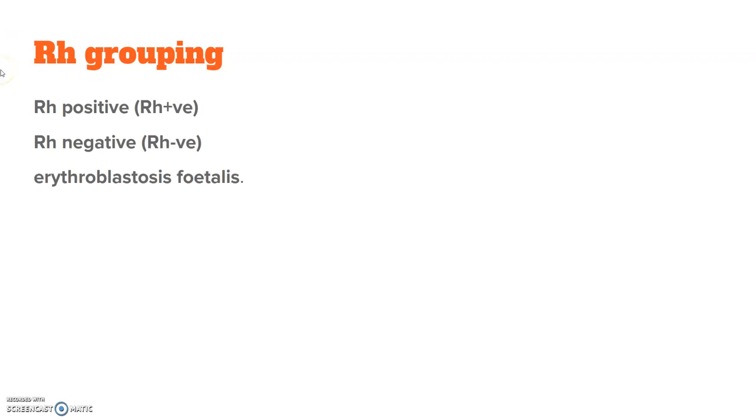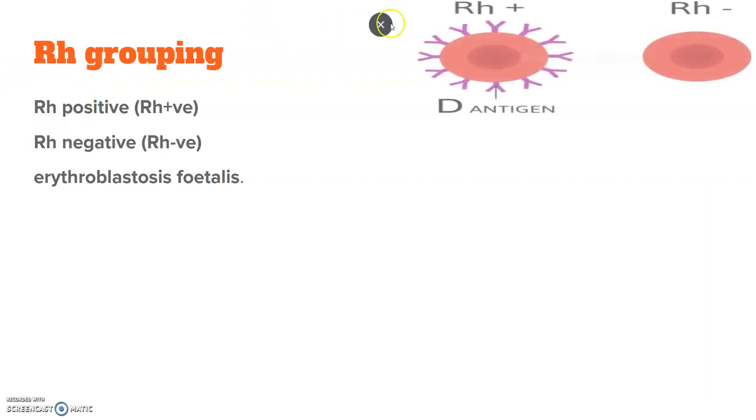And those in which this antigen is absent are called Rh negative. You can see here that in Rh positive this antigen is present, and in Rh negative it is absent. So an Rh negative person, if exposed to Rh positive blood, will form specific antibodies against the Rh antigen. Therefore, Rh group should also be matched before transfusion.